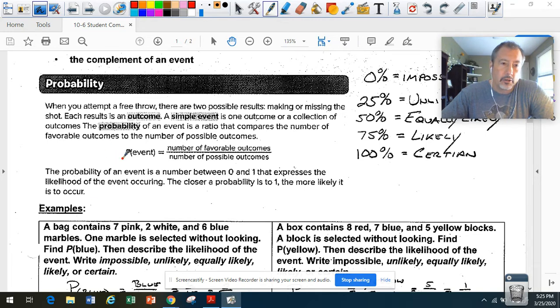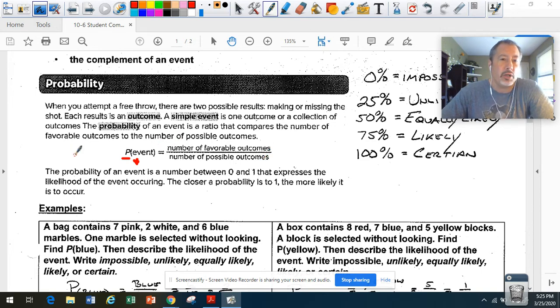Now, this event, we will write it as a subscript, which means it's slightly lower than the P here. And whatever that event is going to be, whether it's picking a blue, getting a heads, getting a tails, whatever it might be, it equals the number of favorable outcomes, that's what we are looking for, over the total possible outcomes that we can have.